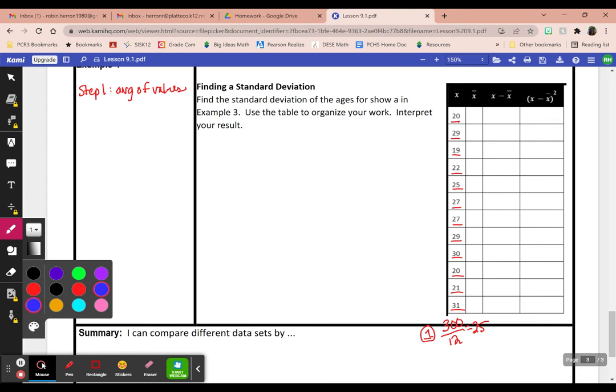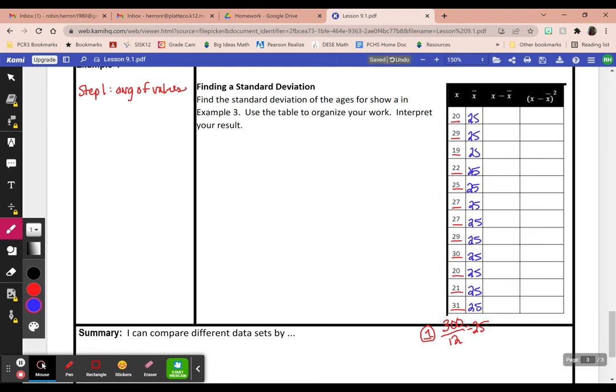So I'm going to put our answer here down in this column, just repeated 25, 25, 25, all the way down. Then step 2 is to actually subtract those, so it goes right here.